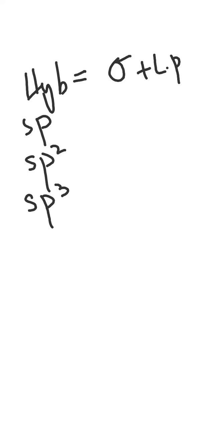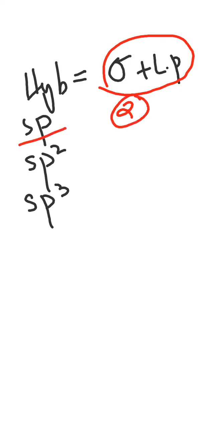So if the sum of lone pairs and sigma bonds is 2, it means 2 orbitals, means sp. Simple.